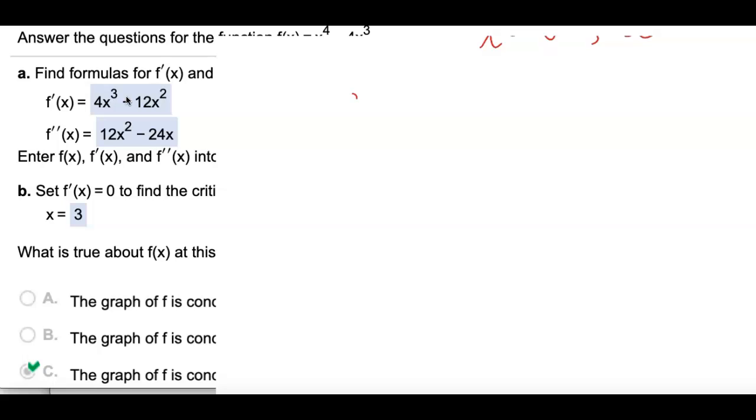The first derivative was, or is, 4x cubed minus 12x squared. They want the slope, so I'm going to plug in that number 2 in here.